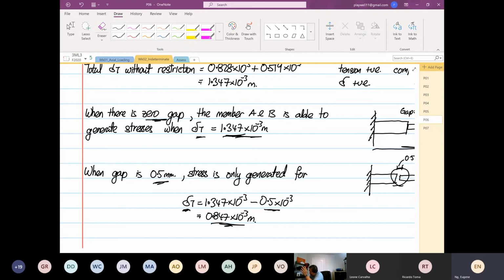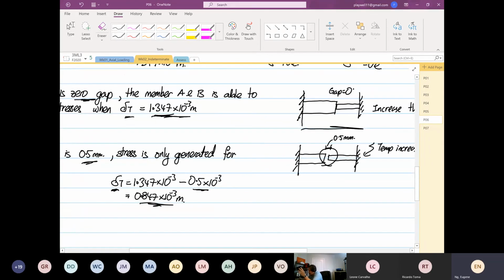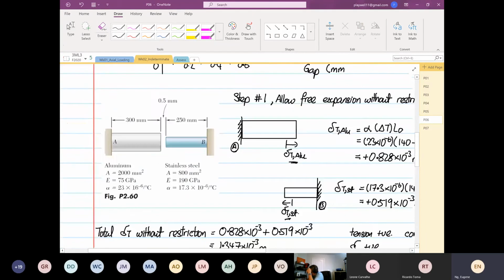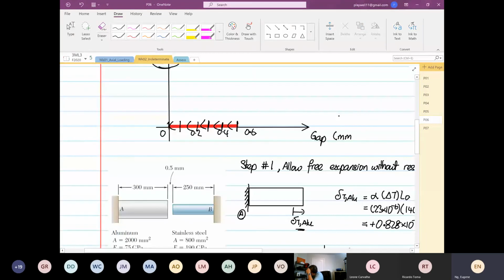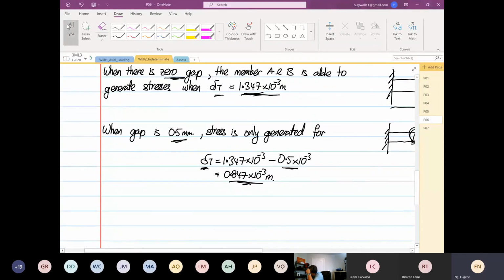Now when there's a gap, the thing will start to grow, and you don't see any stresses. But eventually, when you increase the temperature, the gap will be equal to 0. Then you will see stresses. That's where you have to compensate for the minus 0.5.